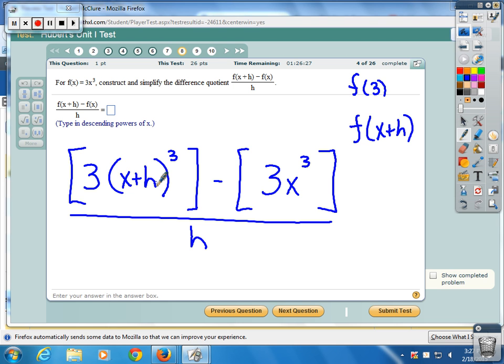So now what? I want somebody to bite. Come on. Well, you're getting there, but you can't distribute yet.